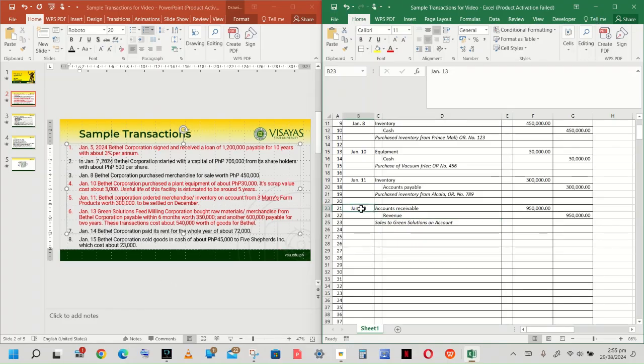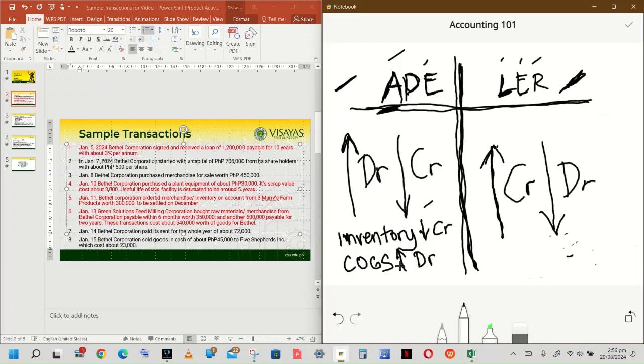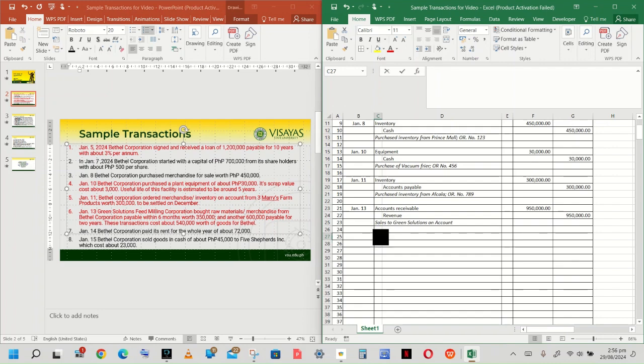under January 13, we'll have to indicate the cost of goods sold, or the COGS, and the inventory na bumaba. Okay, so hindi ko na nilagyan ng date kasi under din siya ng January 13 na transaction.